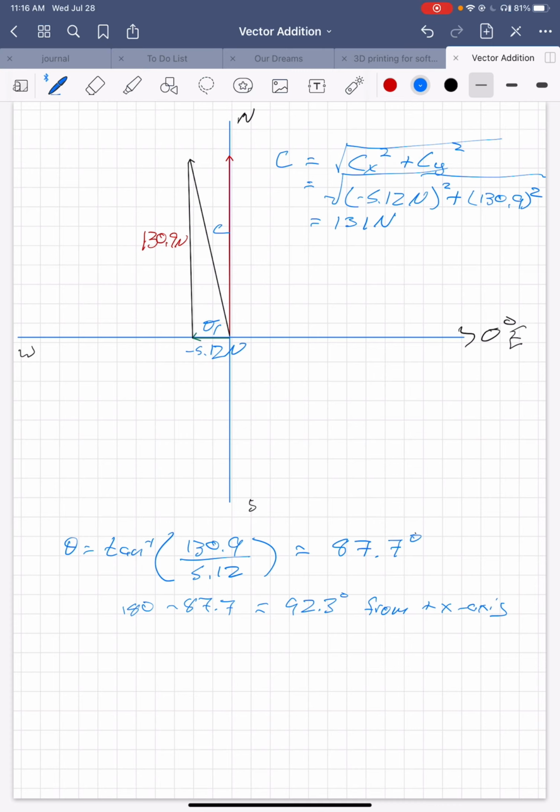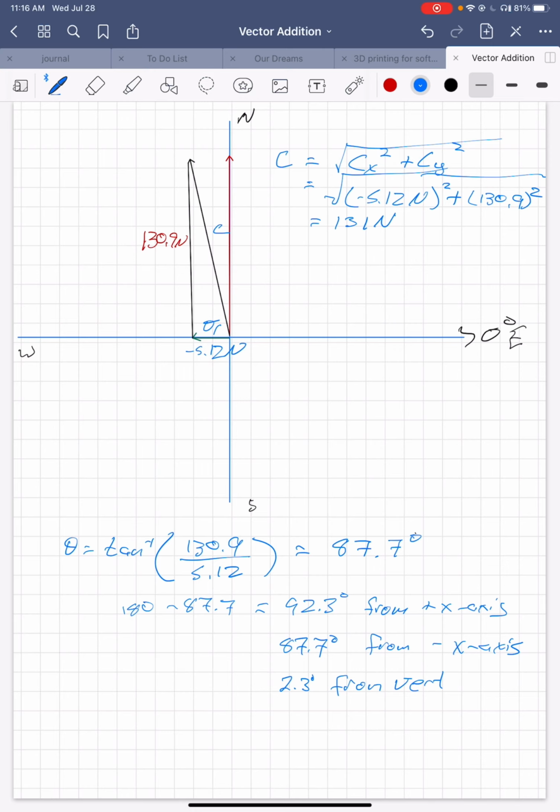But I could equally say it's 87.7 degrees from the negative x-axis, or 2.3 degrees from the vertical. The other way, and when you're answering questions on the homework or in a test, I would tell you which way to say the angle, or I would accept all possible answers, okay?